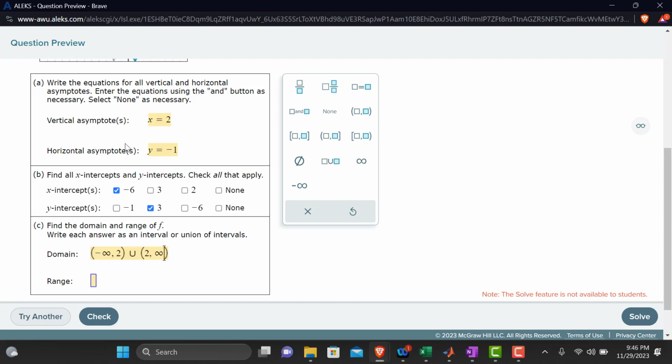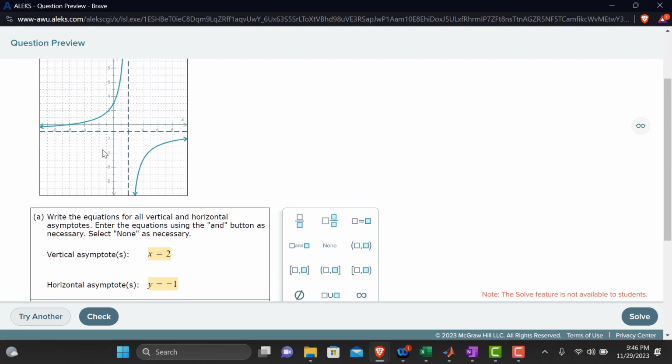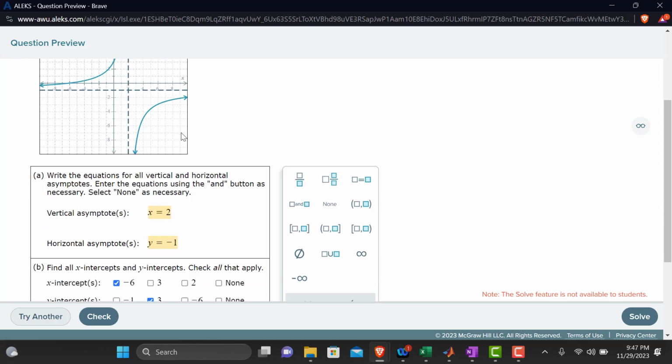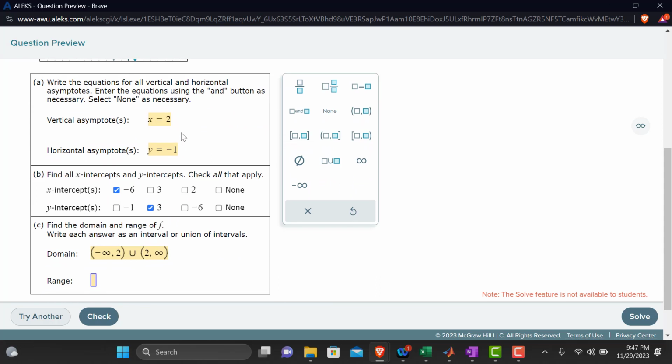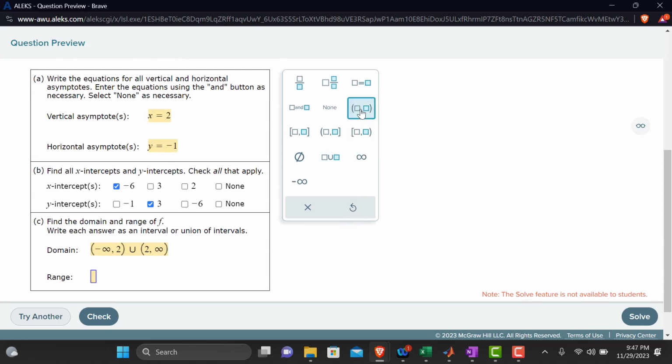Now you'll sometimes see for the horizontal asymptote, which is going to go with the range here, it's not always true. Sometimes it's true, and in this case it is true, right? And what I mean by that is if we look at -1, the y value, notice that we never cross this line. And because we never cross this line of y equals -1, it is not within our range. So we need to do the same thing and skip over it. So we have the same idea here.